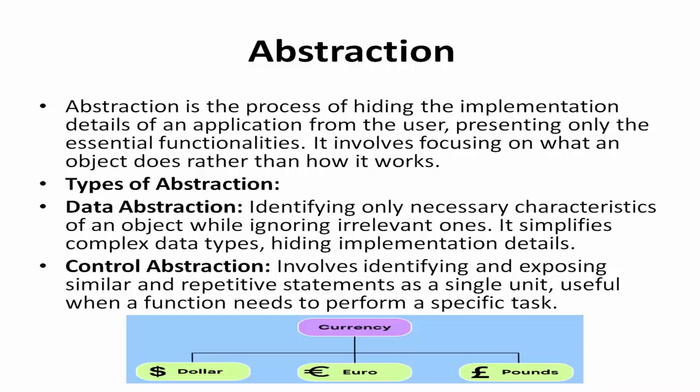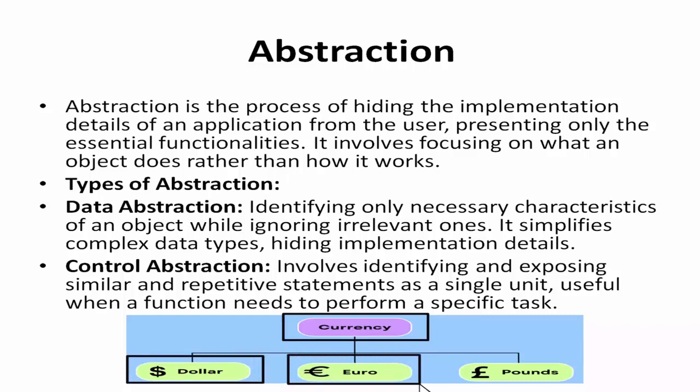Control abstraction involves identifying and exposing similar and repetitive statements as a single unit, useful when a function needs to perform specific tasks. For example, if you consider currency, it can be of different types based upon different nations: dollar, euro and pounds.